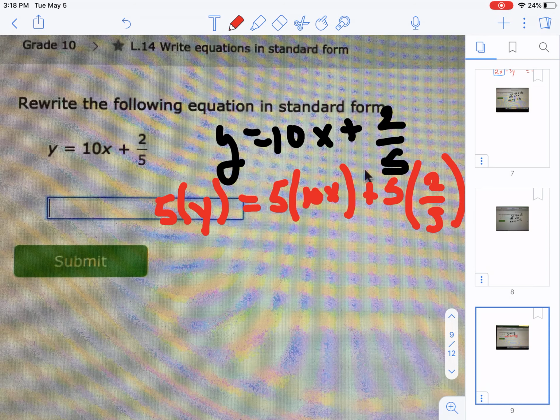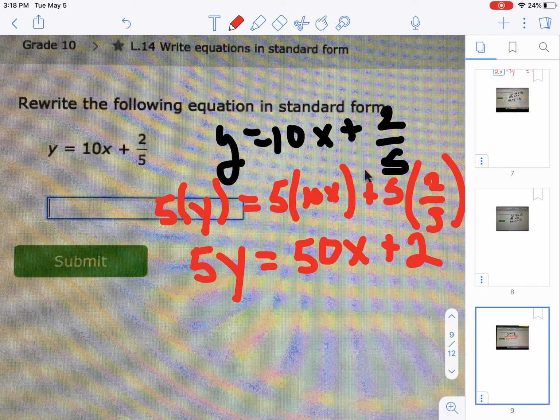So 5 times y is 5y, 5 times 10x is 50x, and 5 times 2 fifths is 2.